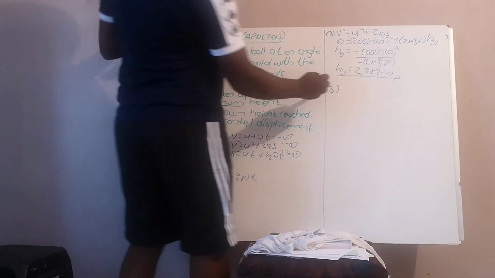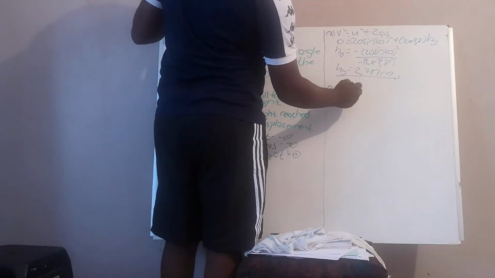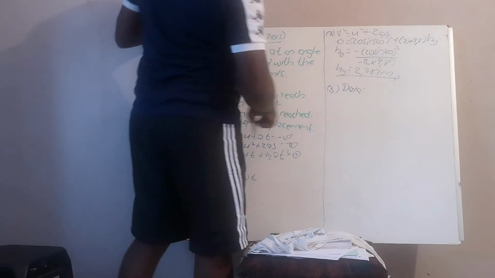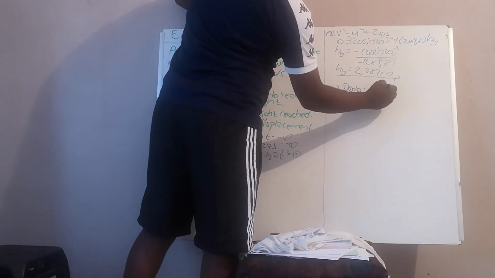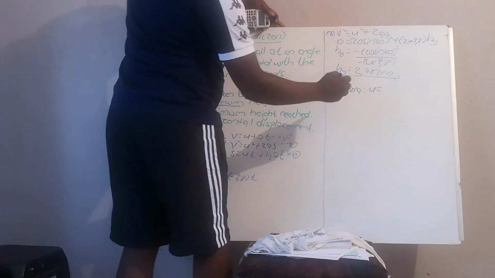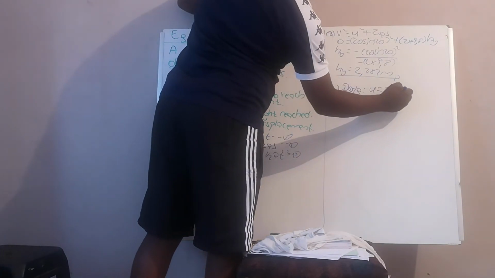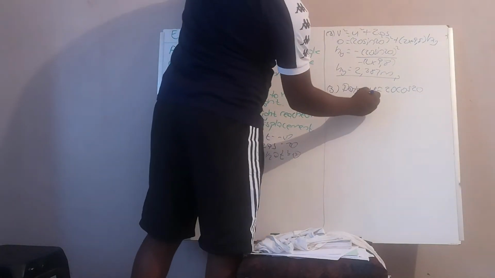What is the data for your range? You have initial velocity as 20 cos 20. Acceleration is 0.